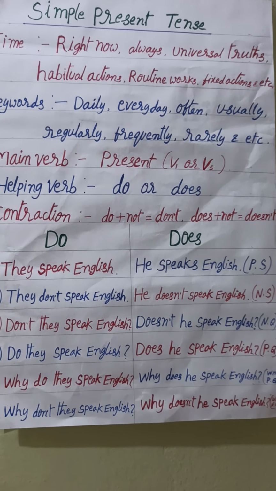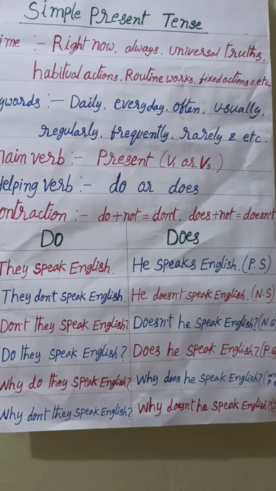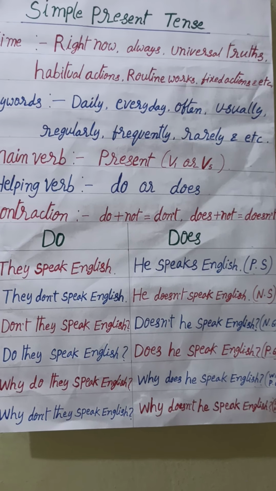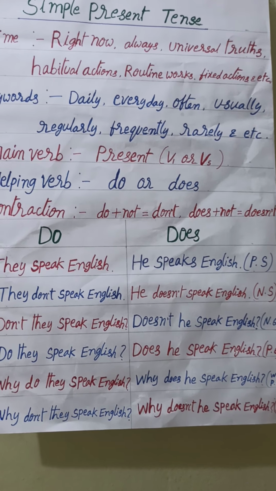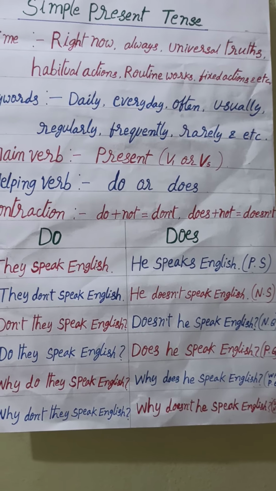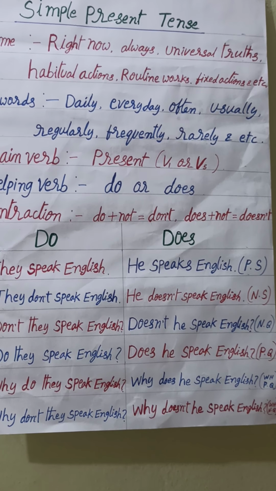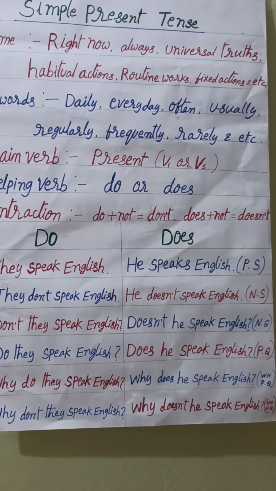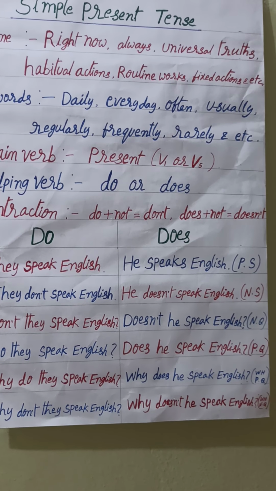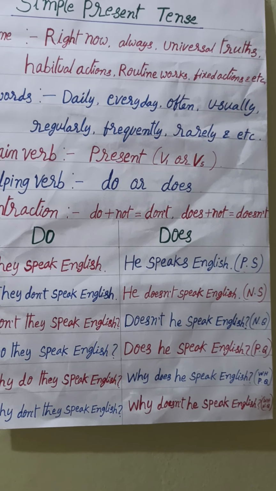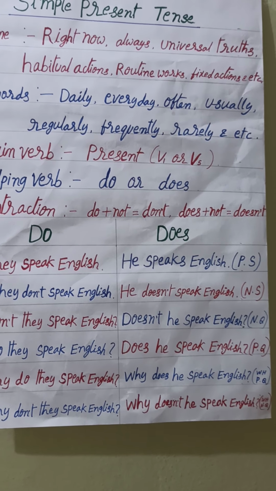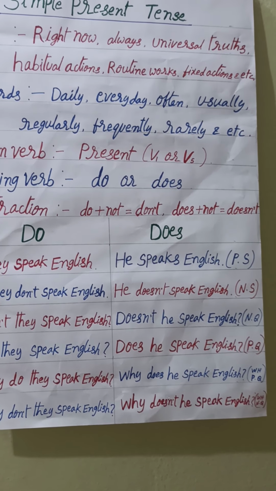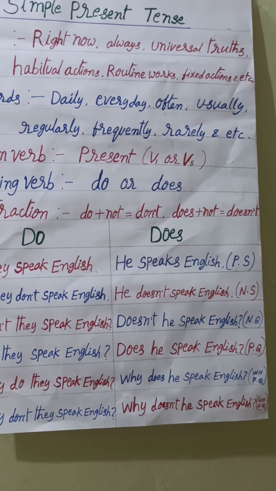It is a negative statement. He doesn't speak English. He is third person singular, so we write doesn't. When you use does, we don't add S or ES to the main verb.